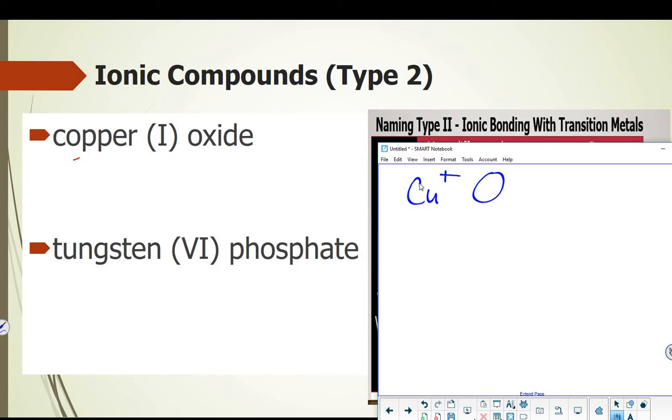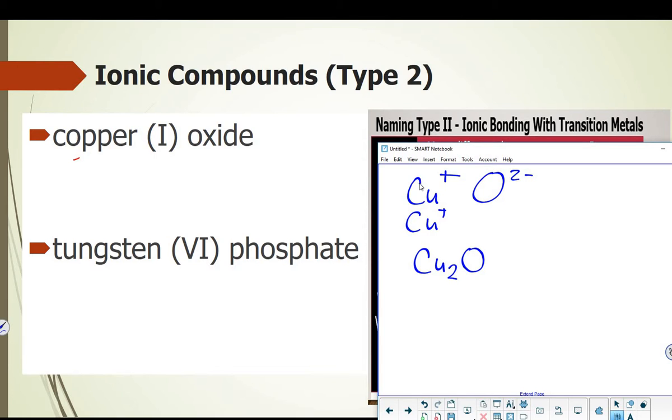How many away from a noble gas is it? 2. So it's going to be a -2 because it's easier to get 2 than give away 6, right? Okay, now this does not add to 0. I really need 2 coppers with a +1 to add to 1 oxygen, right? So I would write it Cu2O.